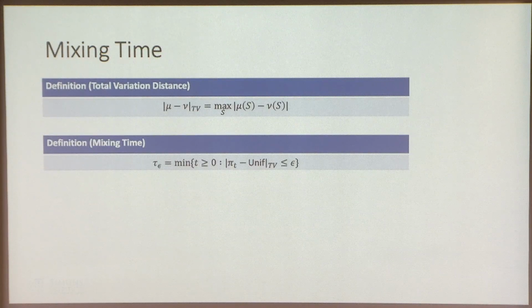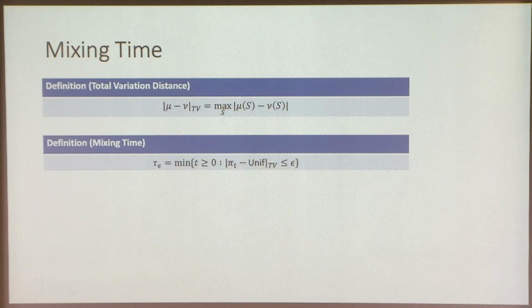Okay. So I have to tell you what convergence means. So let's first define a metric on probability distributions. A very common one is the total variation distance, which you can think of as just the maximum discrepancy that two probability distributions can take on any given subset. Okay.